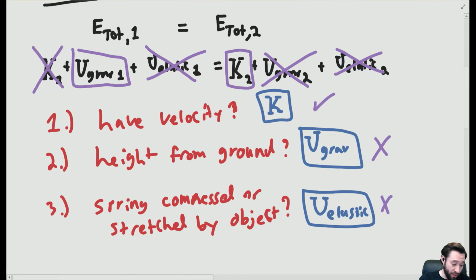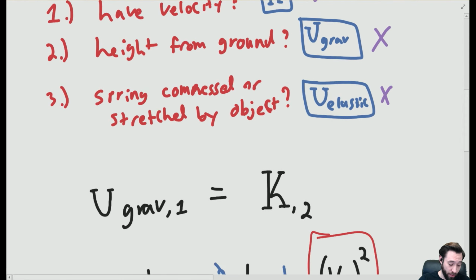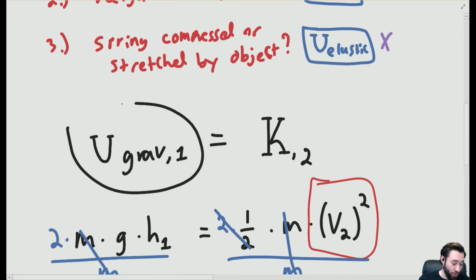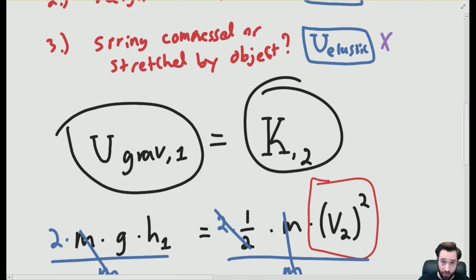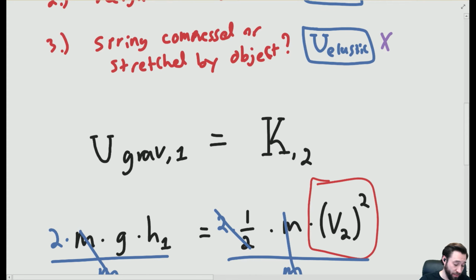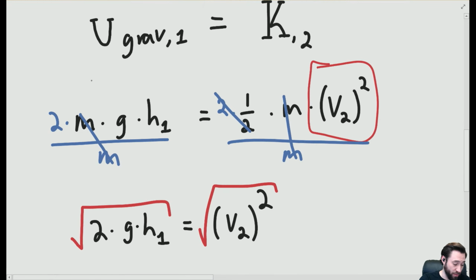By using these questions, we simplified it so we didn't have to do as much work. We ended up getting U grav for state 1 as the only energy present. We had kinetic energy as the only energy present at state 2. We substituted in what these equations were: mgh1 for gravitational potential, and 1/2 mv squared for the kinetic at state 2.